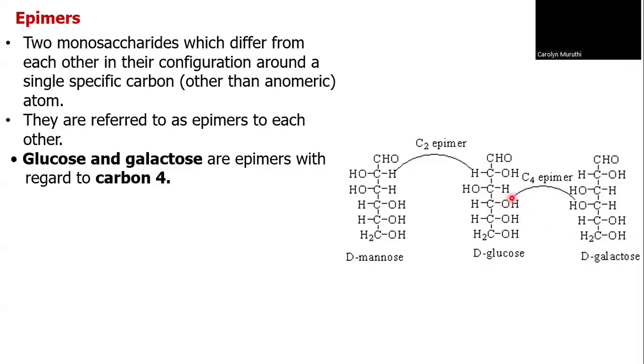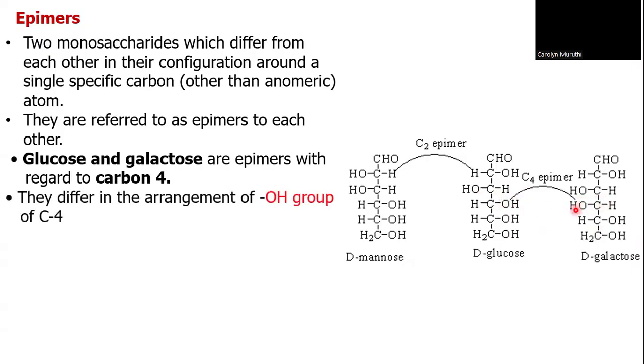If we look at carbon number 4, glucose and D-galactose differ in the arrangement of the hydroxy group. In D-glucose, the hydroxy group is on the right side, whereas for D-galactose, it's on the left.